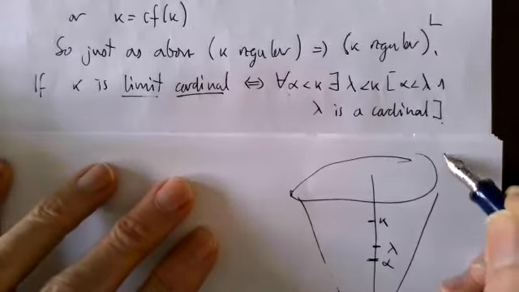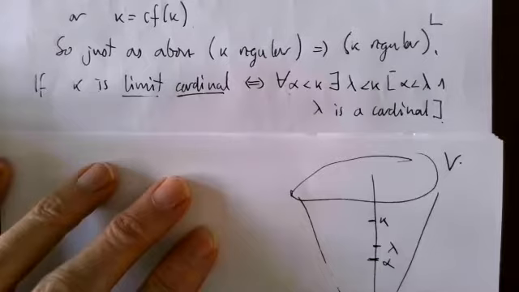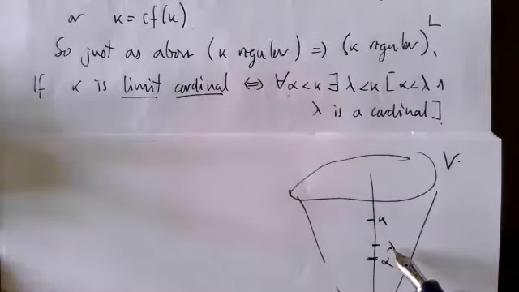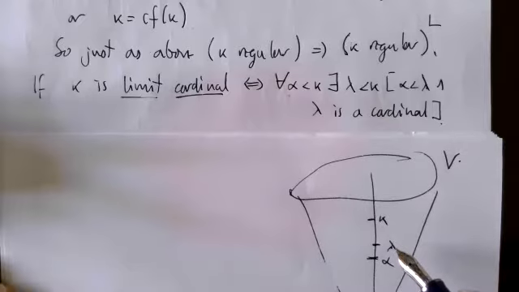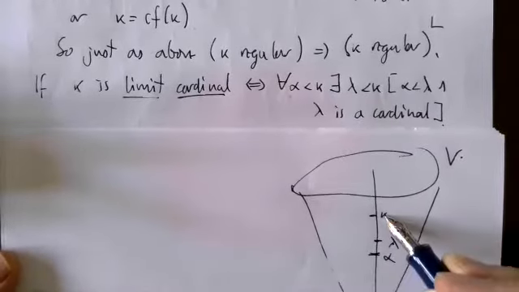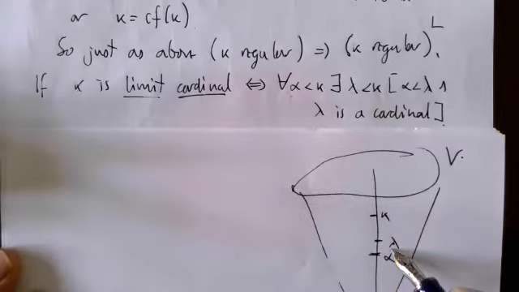And that's in V. But I know being a cardinal, by what we've just reasoned, is downward absolute to L. So actually, any of these cardinals in V are also cardinals in L. So what is true in L? For any alpha less than kappa, there's a larger lambda between it and kappa, which is a cardinal.